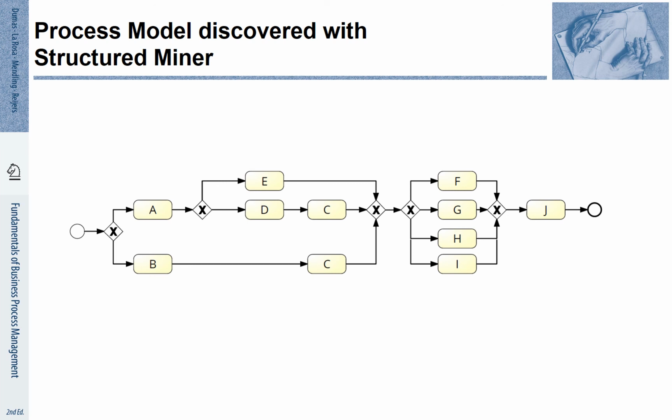Apparently there's a choice between A and B. If B is taken, we continue with C. If A is taken, we have the choice between D and C or E. Note that the Structured Miner has shown C twice in the process model in order to make the model more structured.